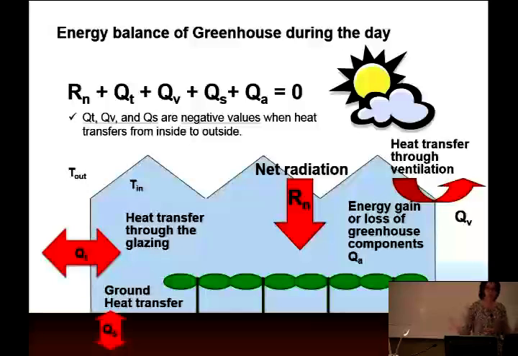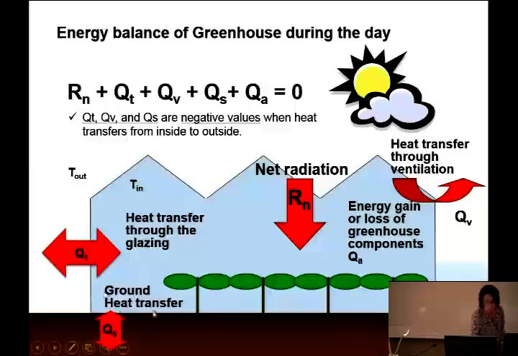If the outside is very cold, you are in a northern climate, and you want to keep the greenhouse warmer, then the heat transfer through ventilation may be very small. It's only what we call infiltration, very small, through the cracks and the gaps. So that's heat transfer. And then one more component.